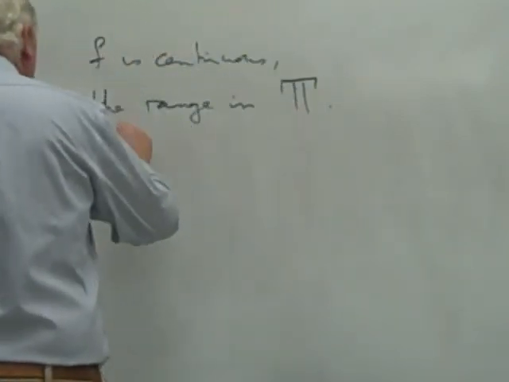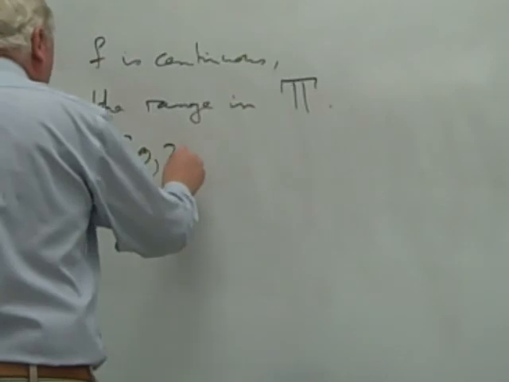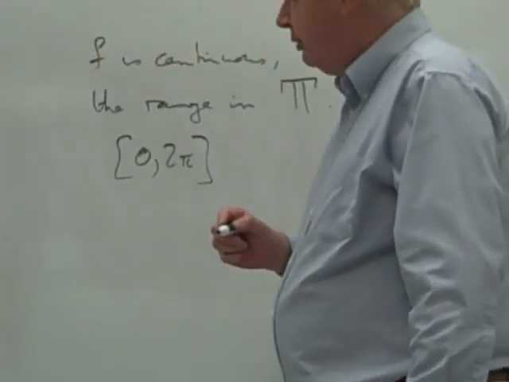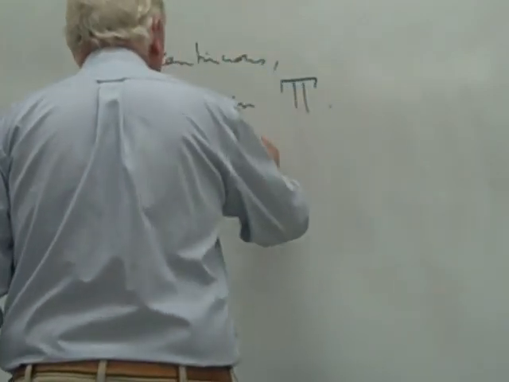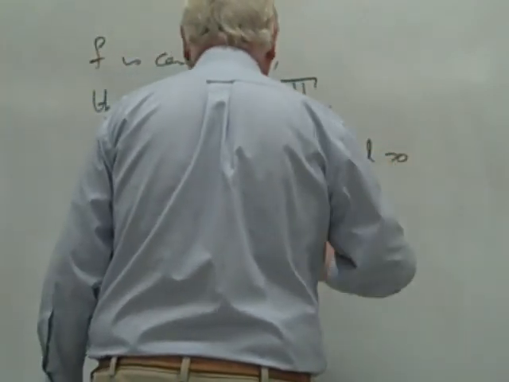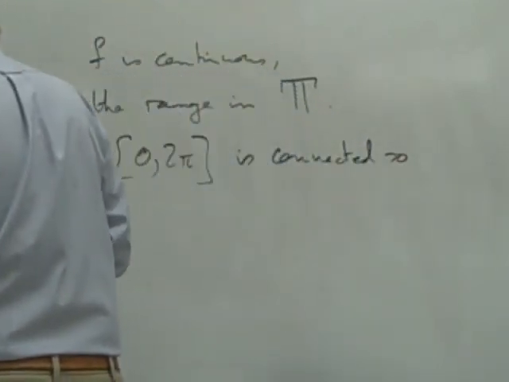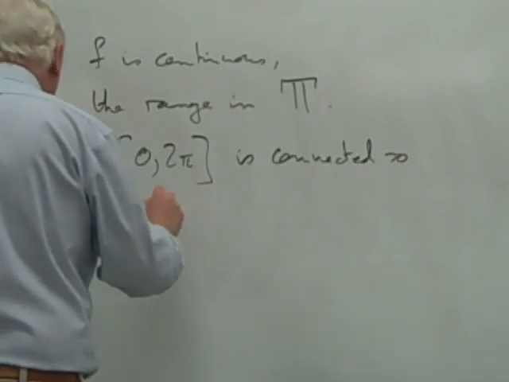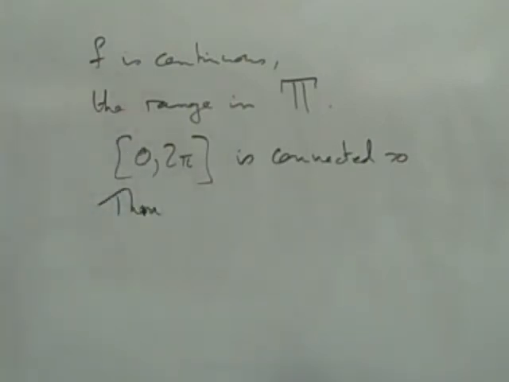And we've already established that any interval in the real line is connected. And consequently, the previous theorem, what was it, 3.4? 3.4.